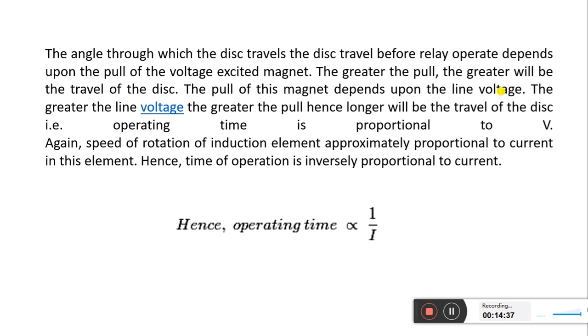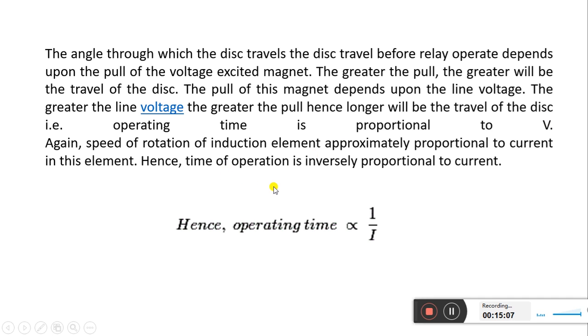It means if greater voltage is applied across the voltage coil, then more torque will be developed and the disc will move faster. The greater the line voltage, the greater the pull, hence longer will be the travel of the disc. That is, operating time is proportional to the applied voltage across the voltage coil.